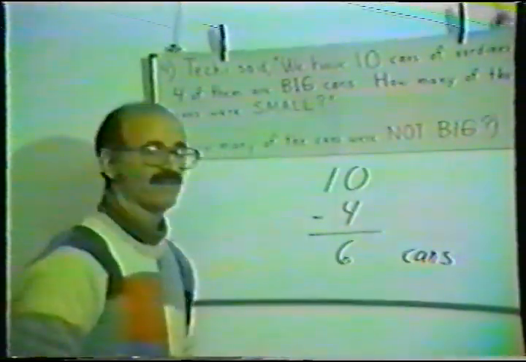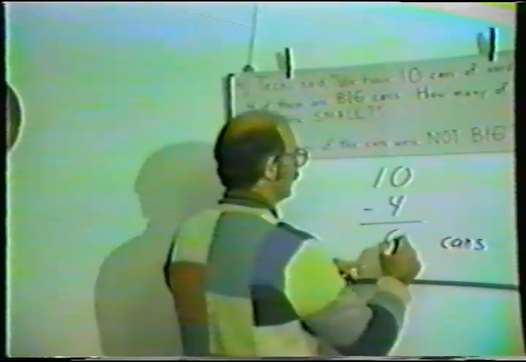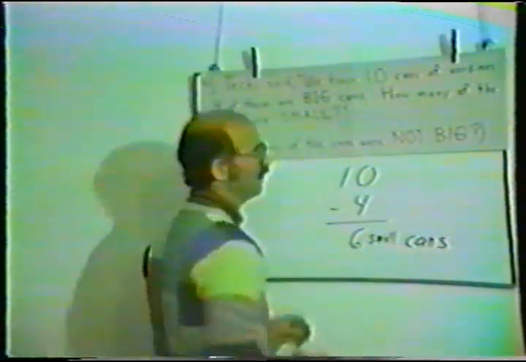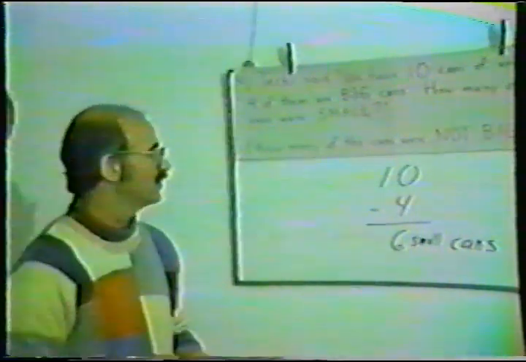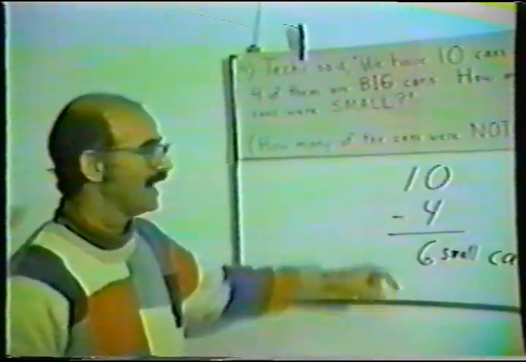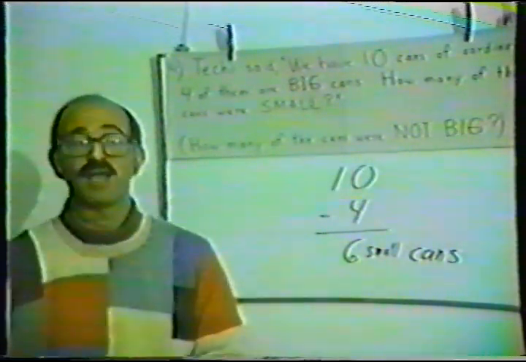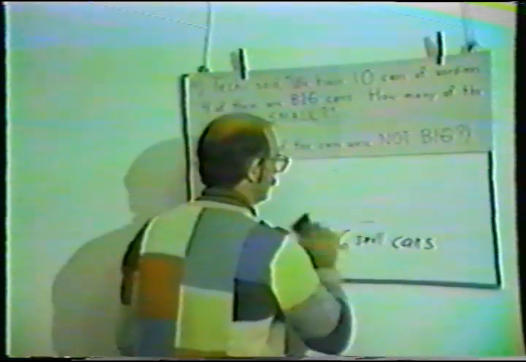And what kind of cans are these? Small cans. These are small cans, but the key word in our answer is cans. You should show your work like this for every story problem that you do, and always label your answer.